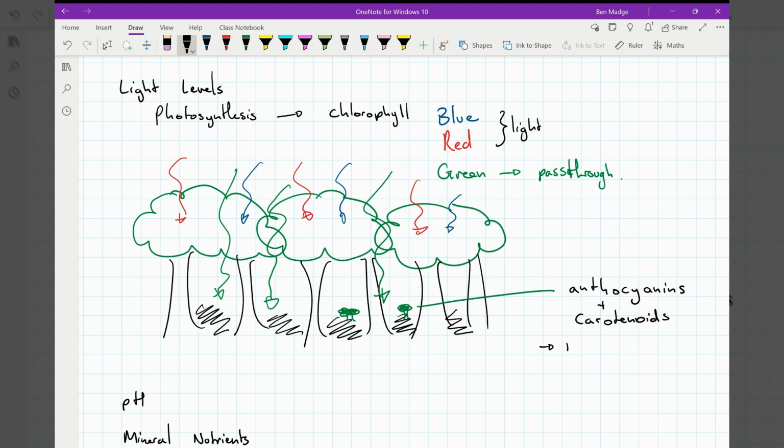And these are pigments that absorb green light, so that they can photosynthesize in this relatively stressful environment where there is not much light. These also have a use in plants that live in bright sunlight, because they protect against damage from UV light, wave radiation, and high light levels.